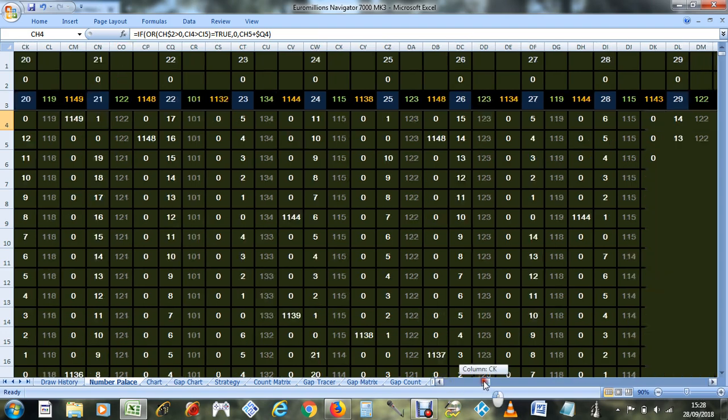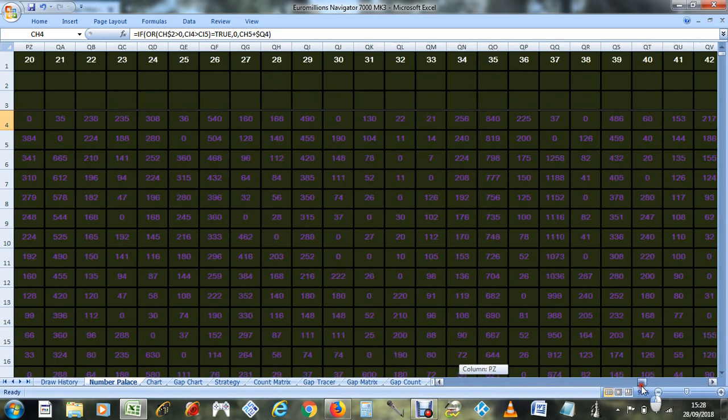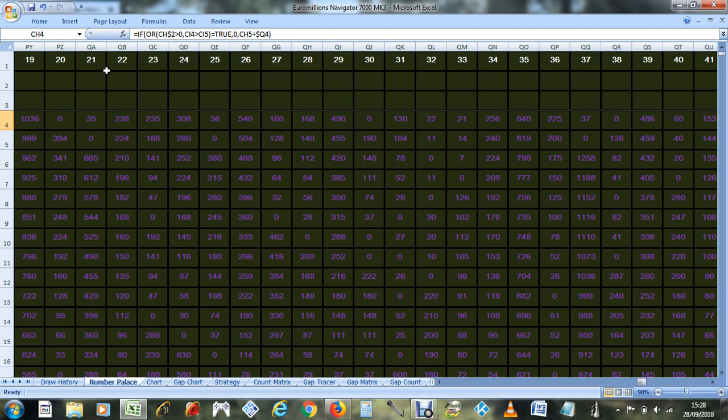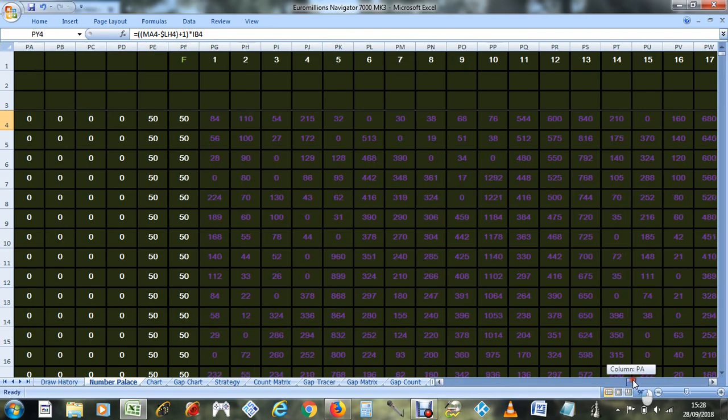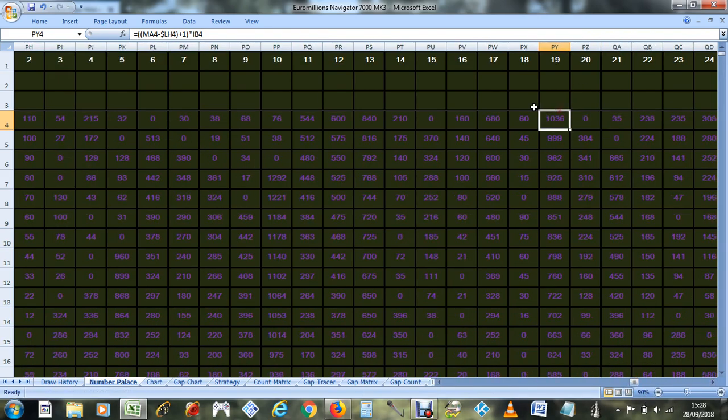number is what goes into the formula for measuring how overdue for its frequency each number is. So it's basically current frequency minus minimum frequency plus 1 multiplied by how overdue the number is, and that gives us the score for each number.